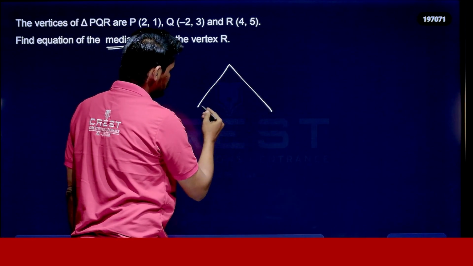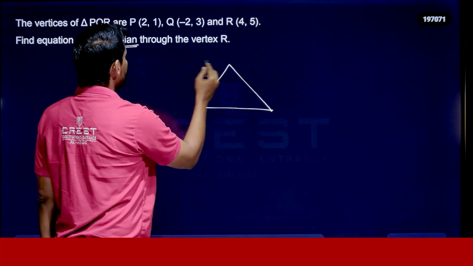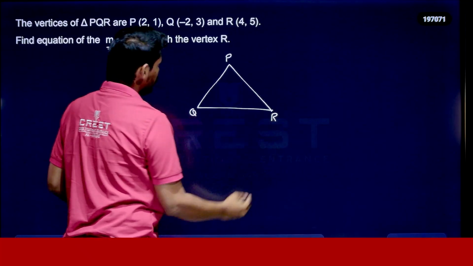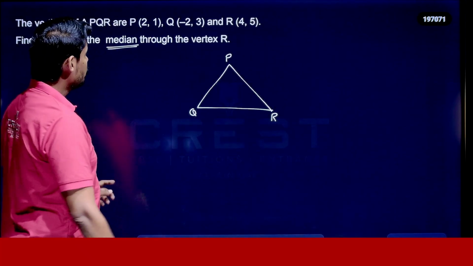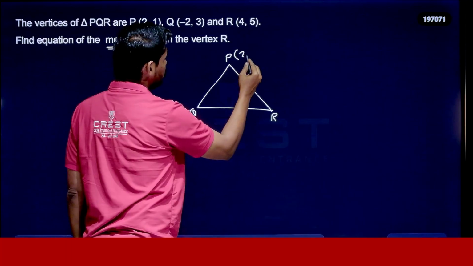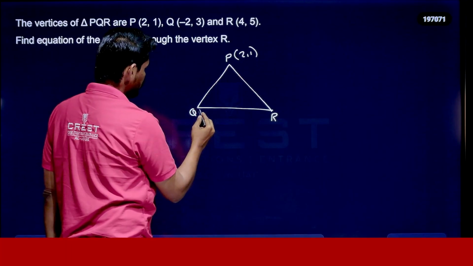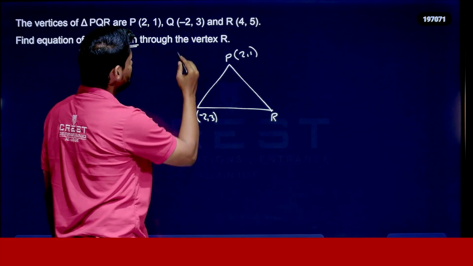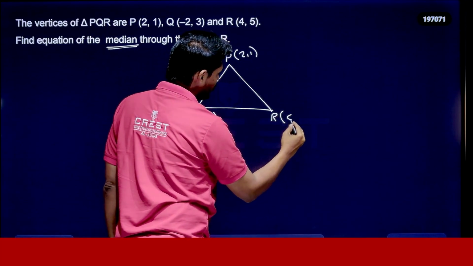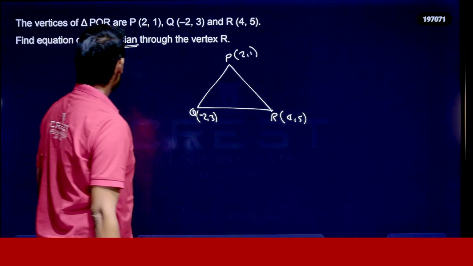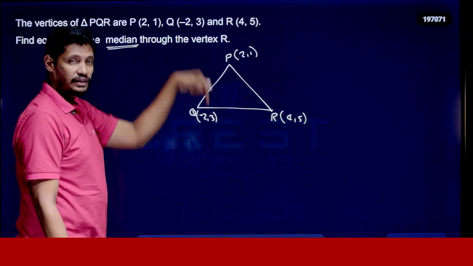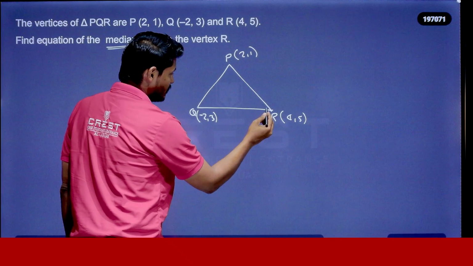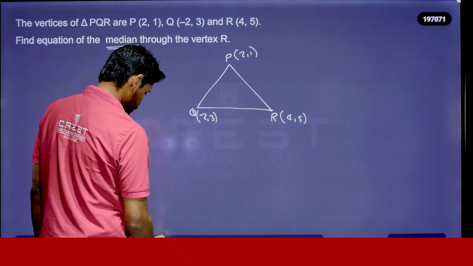Suppose this is the triangle named PQR, and we have already been given the vertices. P is 2 comma 1, Q is minus 2 comma 3, then R is 4 comma 5, and we have a median through vertex R. This is the median.